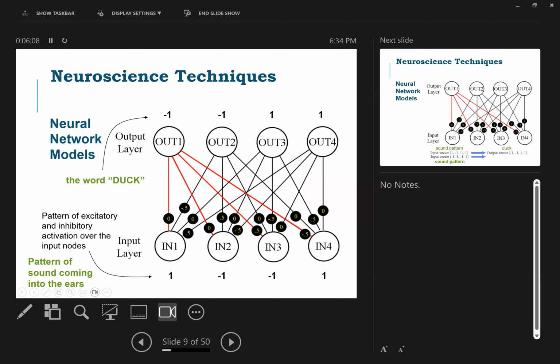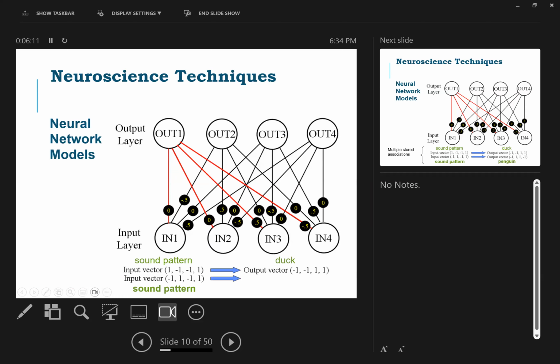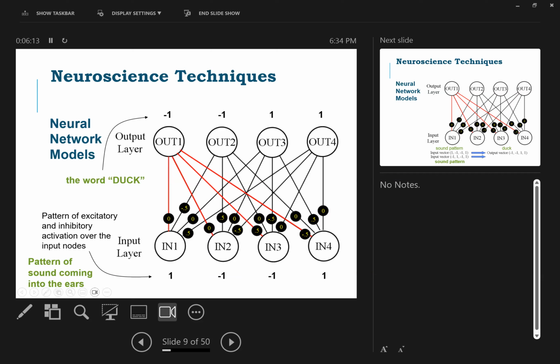Sorry, it's input 1 and input 2, and that's it. So we have two inputs that actually have a non-zero connection to output 2.